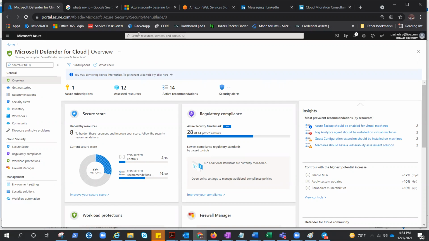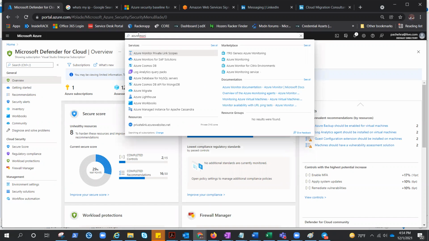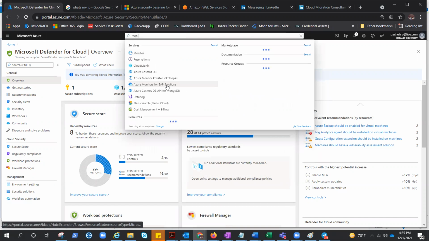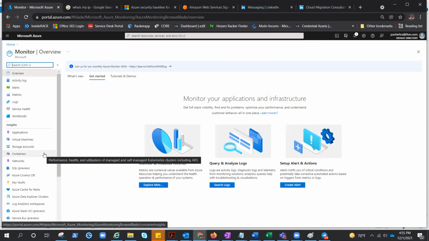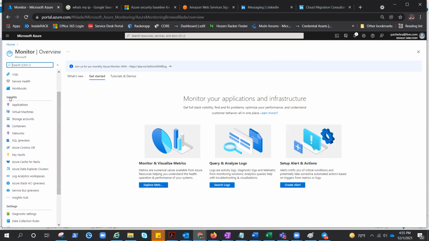And if you type Azure Monitor, Monitor right here. These are all those options under insights you can see. That's what I was talking about. Key vaults, Cosmos DB, containers, storage accounts. All right.